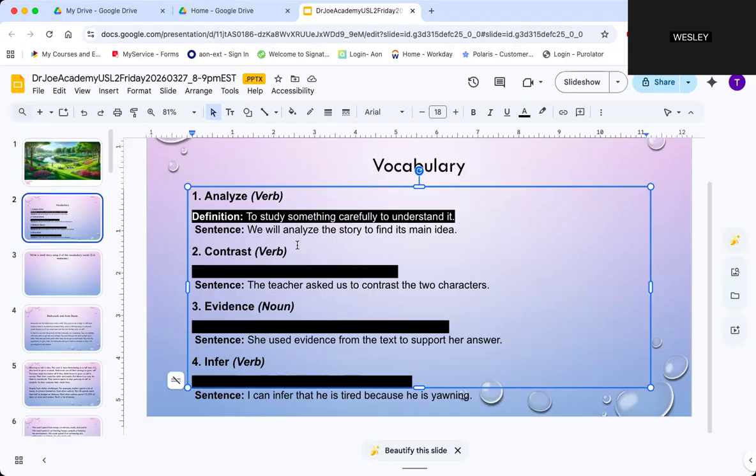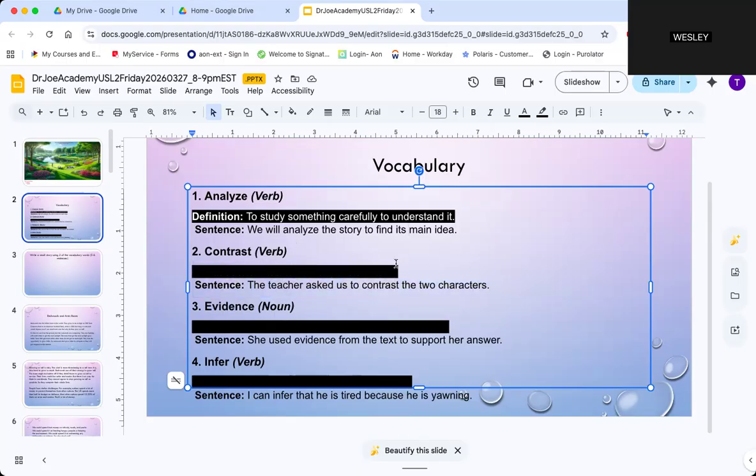What about the next one? Contrast. The teacher asks us to contrast the two characters. What do you think that means? Like to connect two things together.